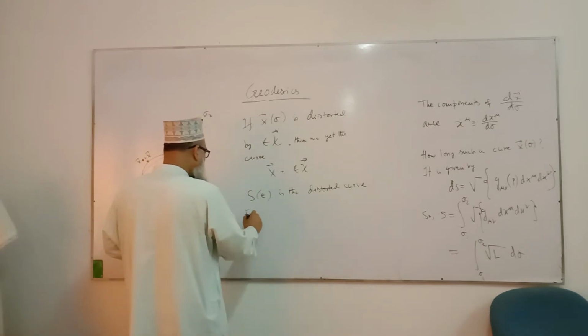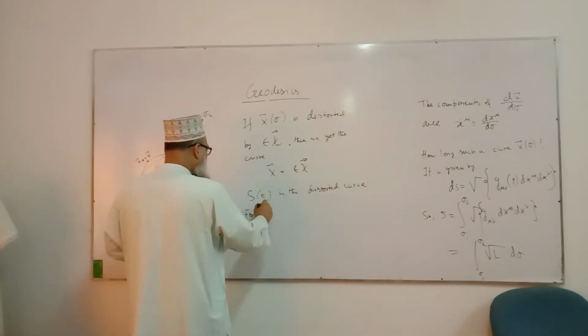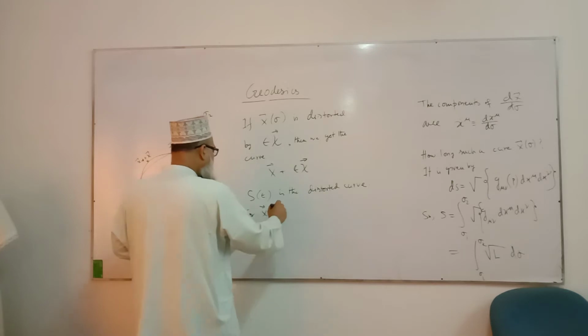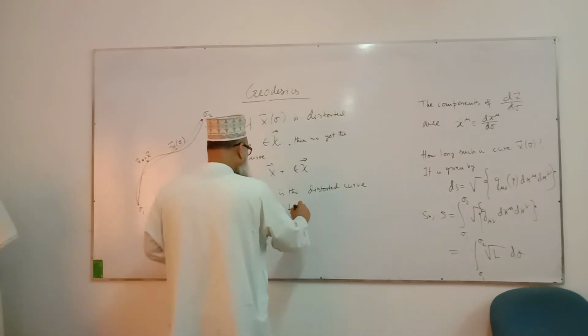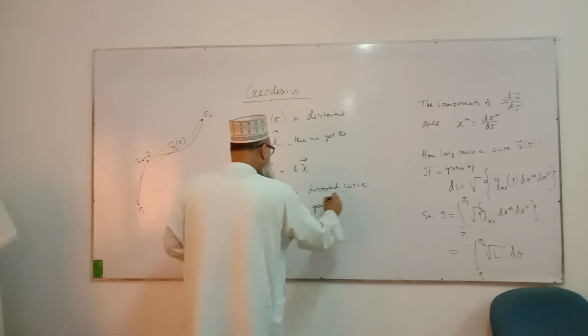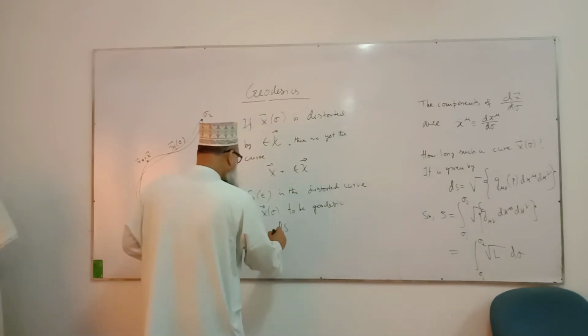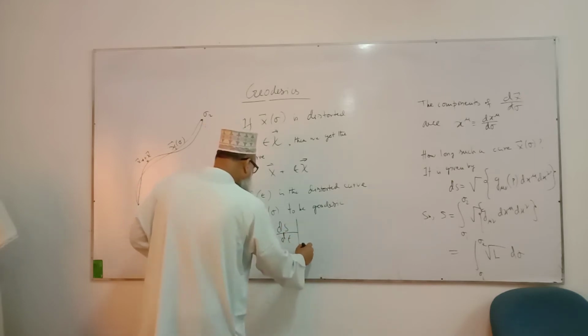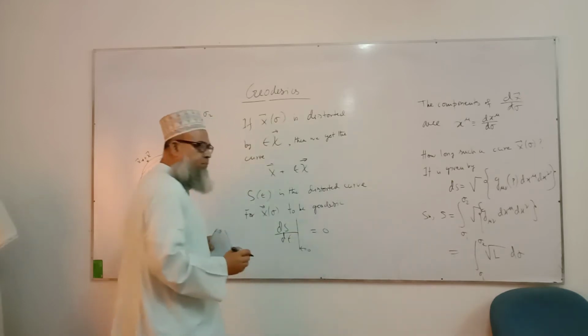For x of sigma to be a geodesic, dS by d epsilon at epsilon equals 0 should be 0.